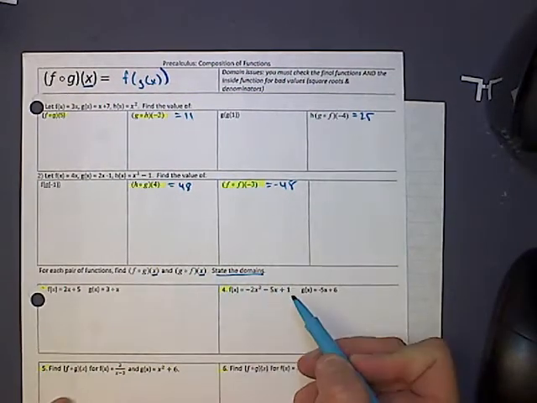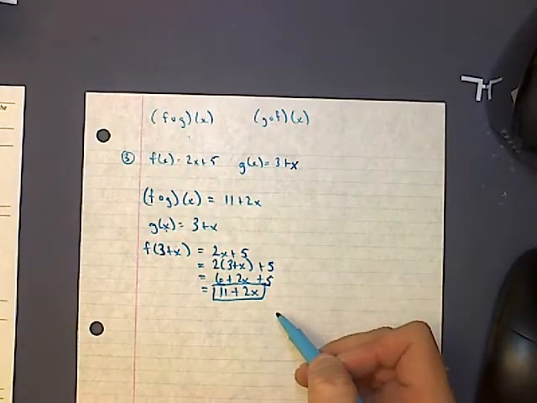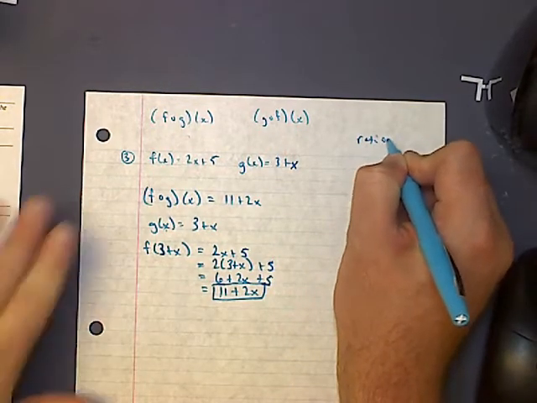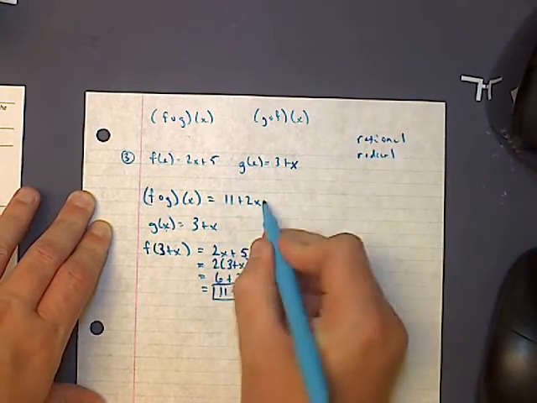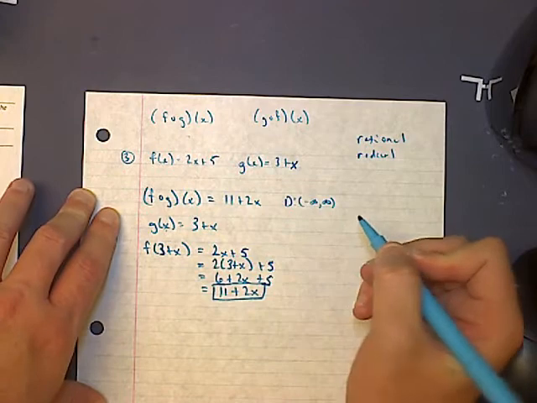Now, you notice something here. It says state the domains once you do this. That reviews what we learned in past weeks. The only time we had to worry about domains was if it was either rational or radical. This one is neither one, so your domain for this will be all real numbers.